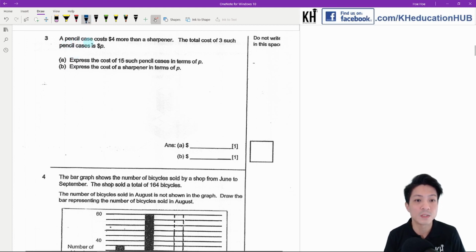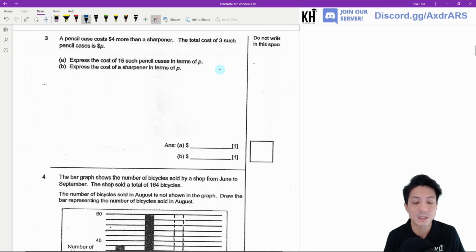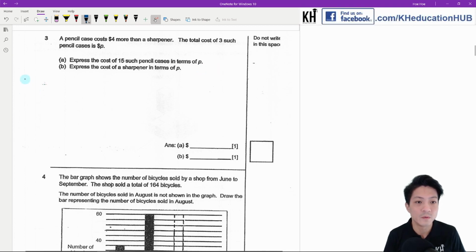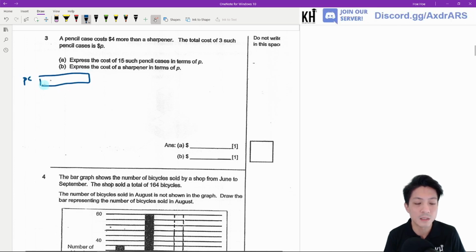Question 3, a pencil case costs $4 more than a sharpener. The total cost of 3 such pencil cases is P dollars. Express the cost of 15 such pencil cases in terms of P. If you were to draw a model, a pencil case is gonna be longer, $4 more than a sharpener.